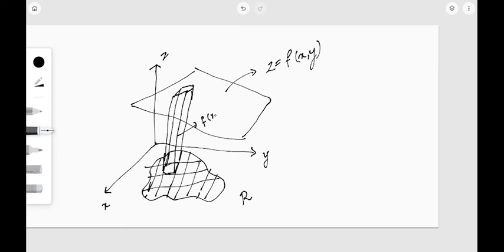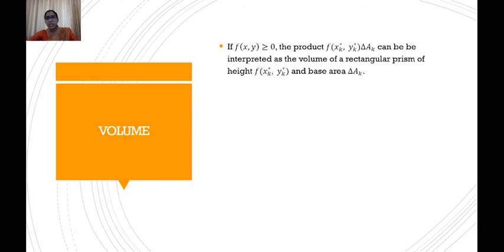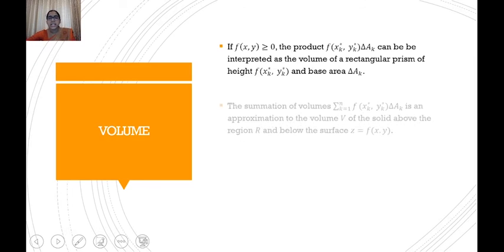This is f of x_k star, y_k star, if I am choosing a point x_k star, y_k star, and the base will be the area which we had considered, the area delta A_k. So the product f of x_k star, y_k star into delta A_k will give us the volume of the particular rectangular prism, right?